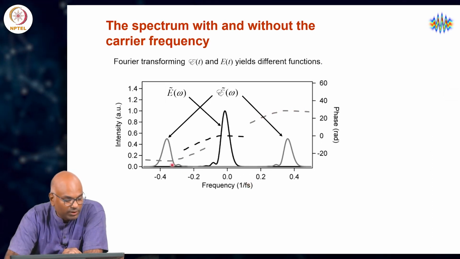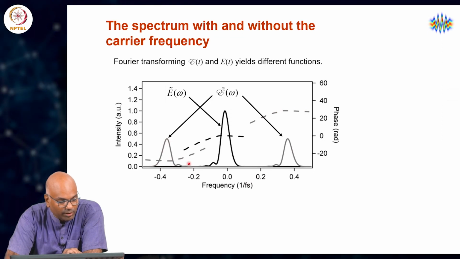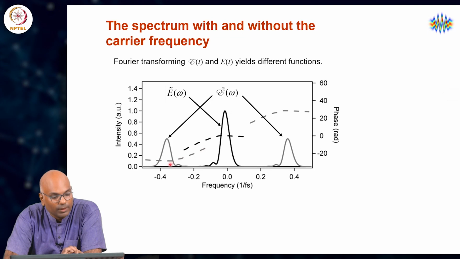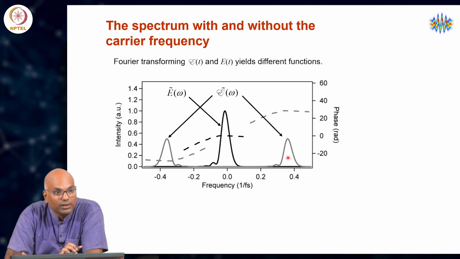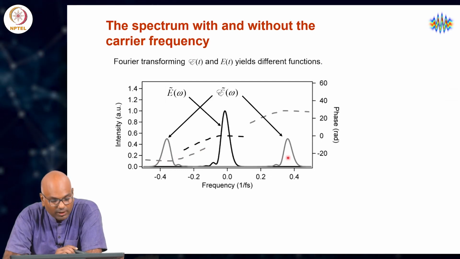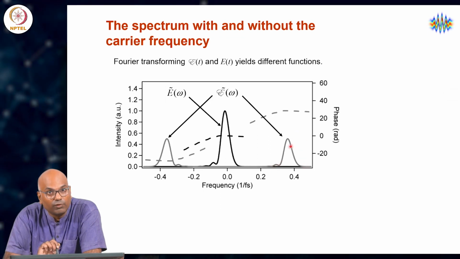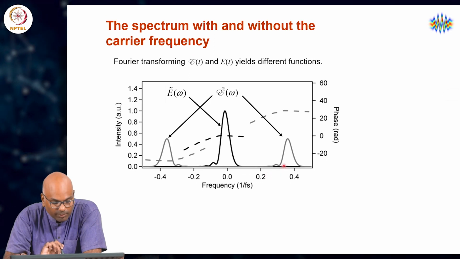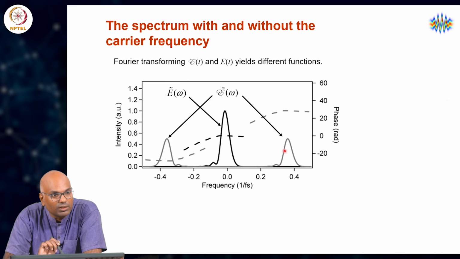Its partner on the negative frequency side is once again this gray envelope, and we have the dotted spectral phase once again. As is evident, since these functions, the square root of S and phi of omega, are what we care about, it is the mathematical form or the shape of these functions which contains all the information we need, apart from the carrier frequency being just a number.